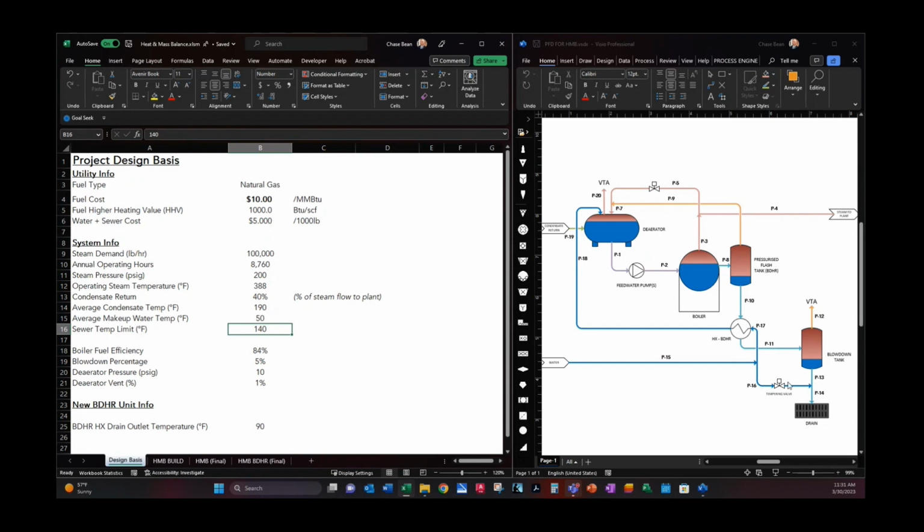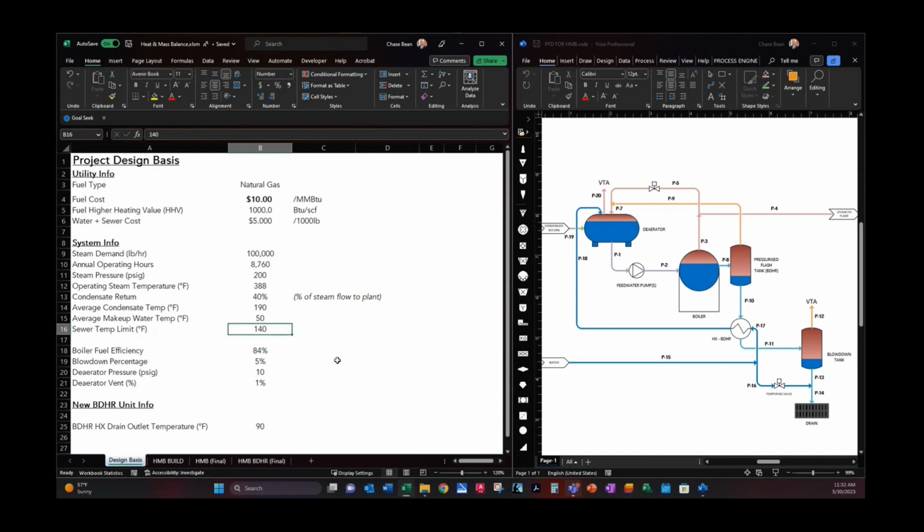So you can see the drawing again is over here. The water coming out of the blowdown tank in the drain has to be under 140 degrees. So that's what that means. It's just material limits of the drain system, and 140 degrees is a common limit there. Some plants don't have that limit.